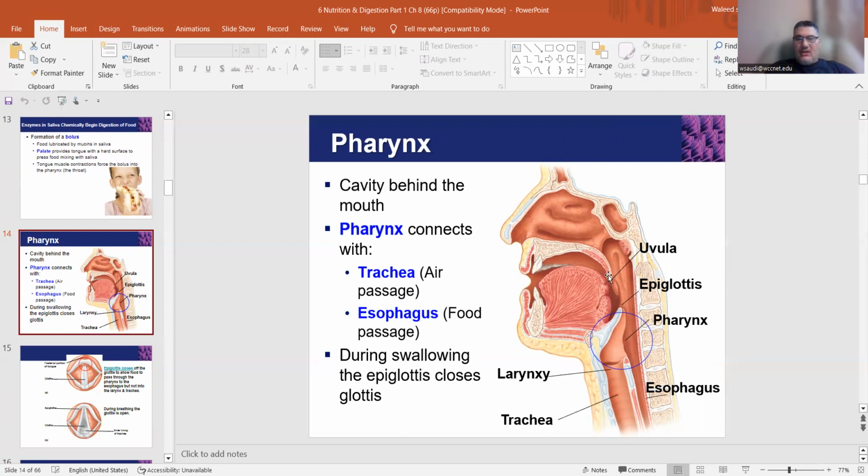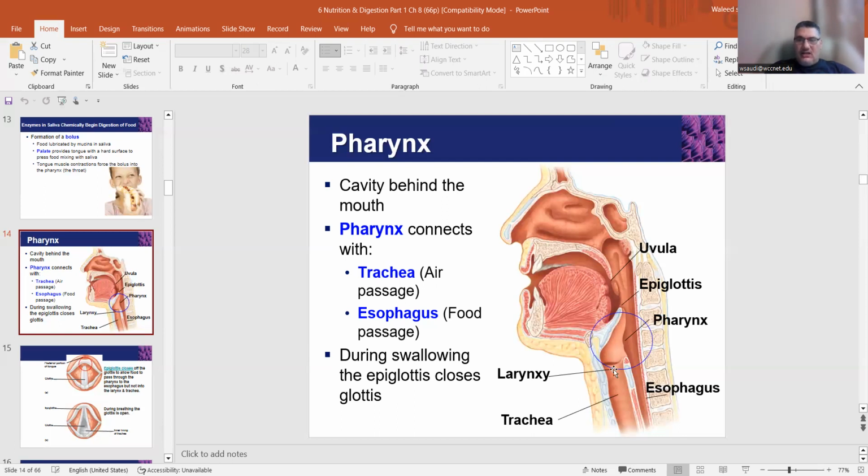Okay? There are two extra things here that will make the food go down instead of going up or instead of going to the air, which is called uvula. If you open your mouth wide, you will see it hanging in the back, and also epiglottis to cover the respiratory system. So you're moving down the pharynx. So here is epiglottis.